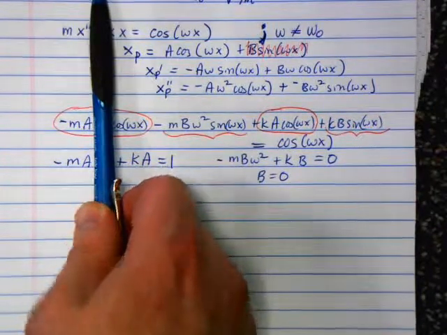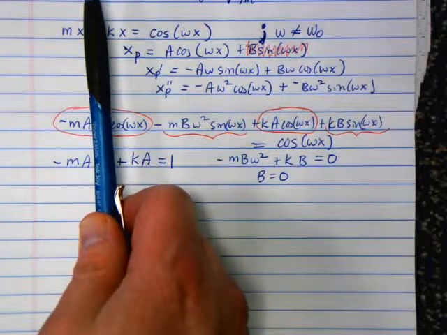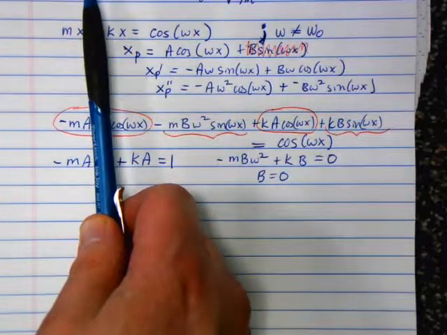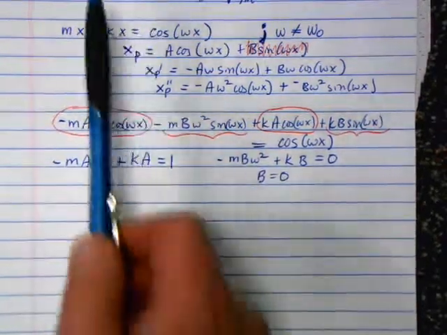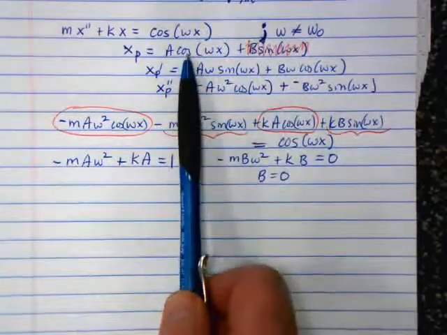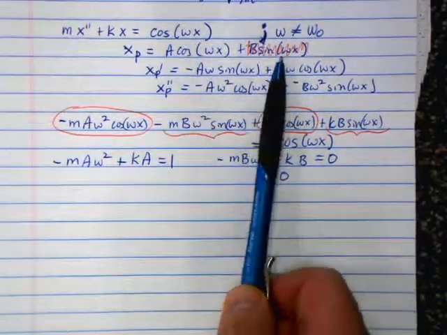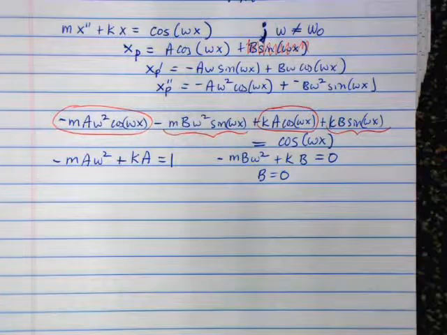When we have damping is when we get a first derivative, when we actually switch the coefficients around with the sines and cosines, otherwise everything matches. Correct. So, when you have just the x double prime and just the x, then your particular solution is only going to need a cosine, or you could have used just a sine. Either one of them would have worked. But one of them is going to drop out.